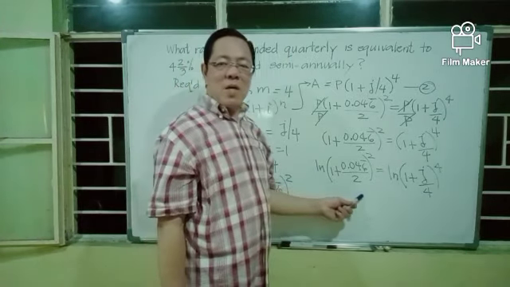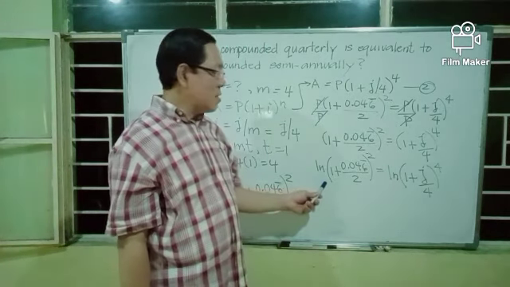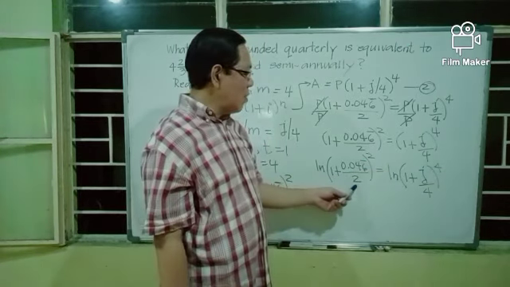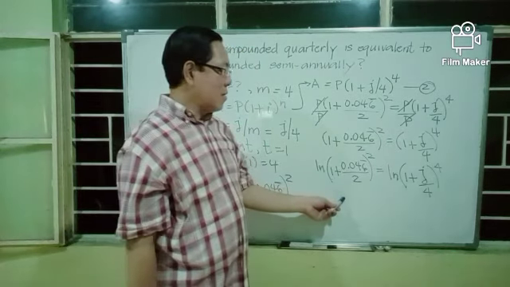For the left hand side of the equation, we can calculate the ln of quantity 1 plus 0.046666 repeating over 2 to the power 2 because there is no variable at the left hand side.